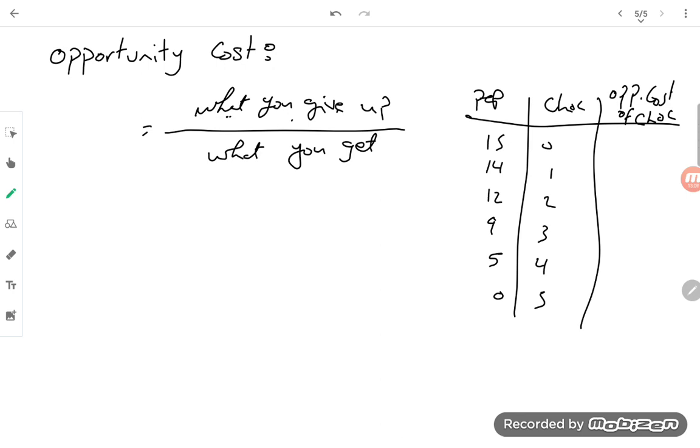Now you would like to increase production of chocolate from 0 to 1. So production is going to increase by 1. As a result, you have to give up or decrease production of Pepsi from 15 to 14. So you have to decrease it by 1 unit. So the opportunity cost is what you give up over what you get, which is 1 over 1, it's 1.